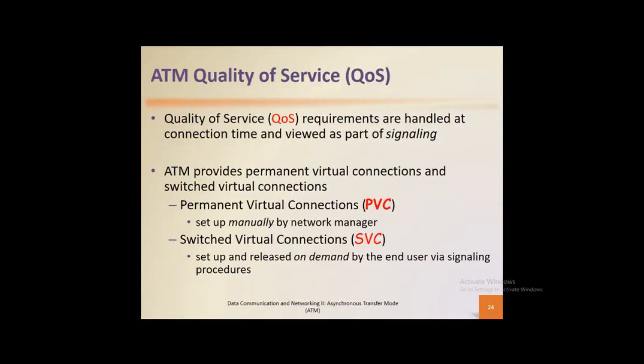When it comes to ATM, there are bound to be some challenges. The X.25 standard had challenges, so they had to upgrade it to frame relay, and frame relay also had its own challenges, so it was upgraded to ATM, and ATM to SONET, SONET to other technologies that we have today. So let's look at some of the challenges that ATM poses to a given network transmission that you might have.